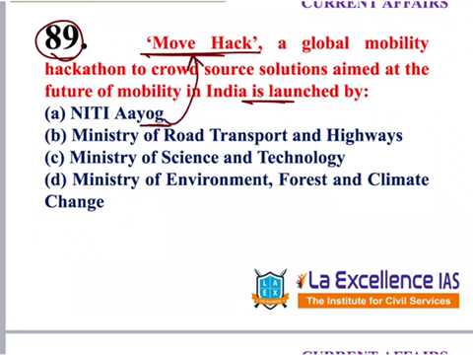So we can say this is Niti Aayog. But sometimes other ministries, let's say Ministry of Science and Technology, also can go for such initiatives. So we should know this to answer this question. This is a factual point. But at least some part we can guess Niti Aayog is the answer for this.